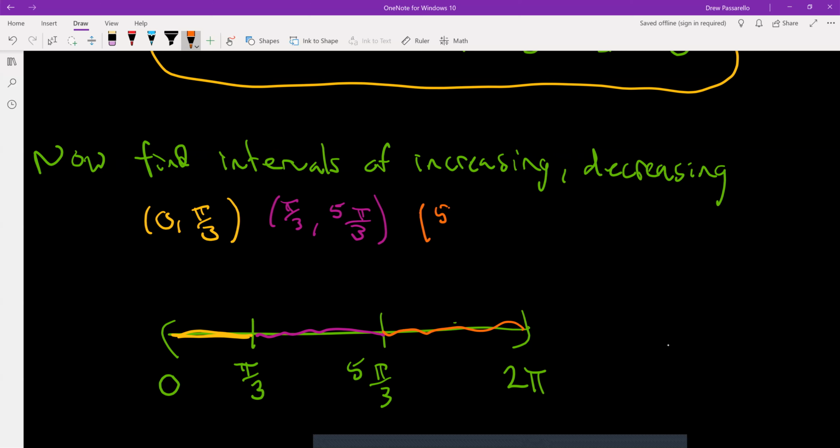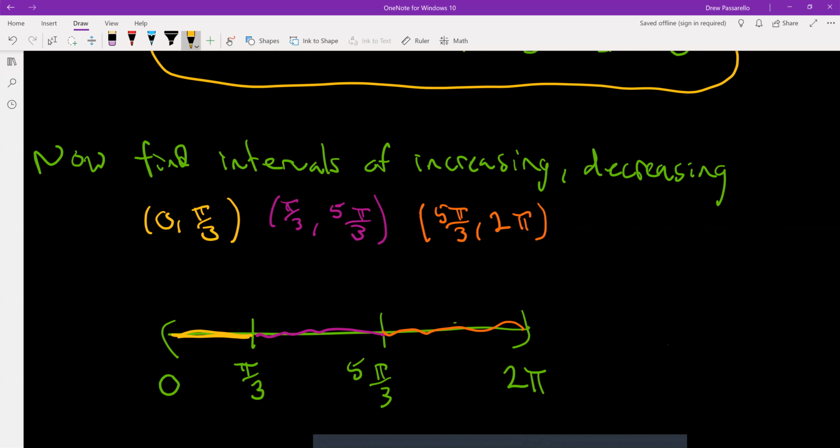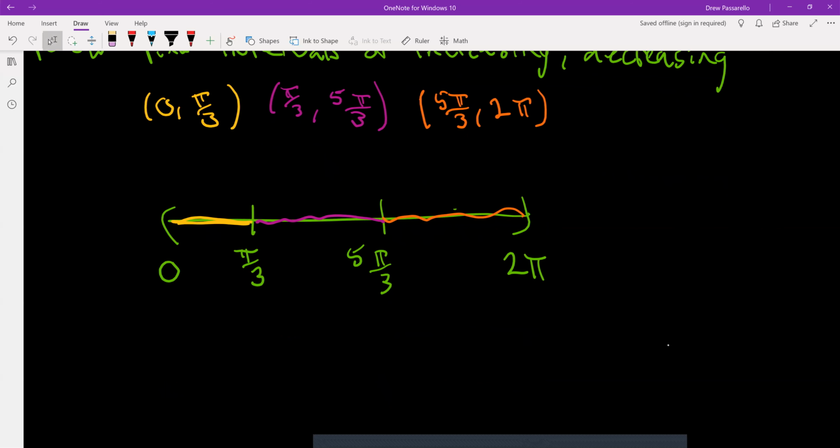All right, now we have to pick a test value from each interval. And I'm going to pick the following test values. Let's see, so I'll do that in red. So for the first interval, I'll use pi over 4. That's in between 0 and pi over 3. All right, and then second interval, I'll use pi. That's in between pi over 3 and 5 pi over 3.